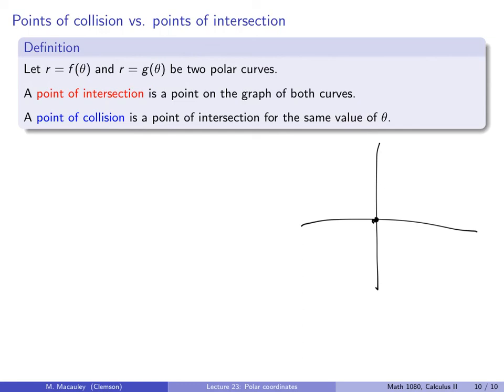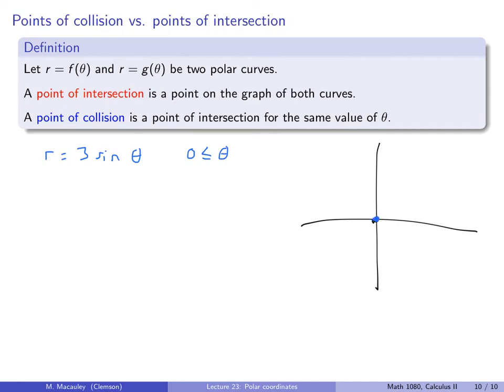Let's take the curves that we did from the previous slide. So let's say that r equals, what was the first one? 3 sine of theta. Let's say it starts at 0. At theta equals 0, we are right here.